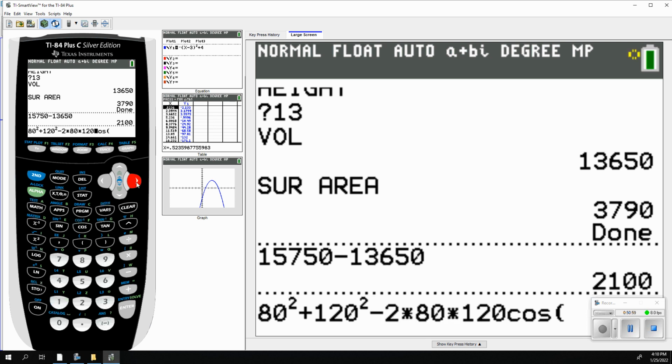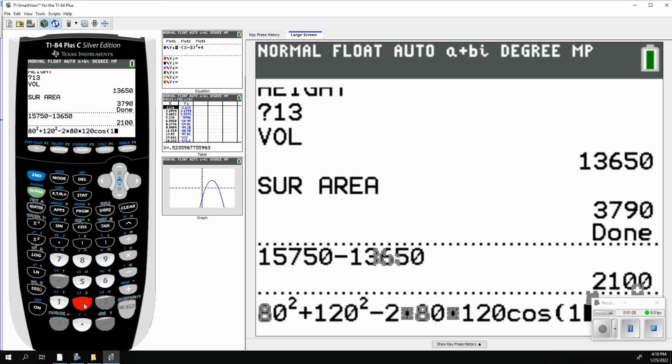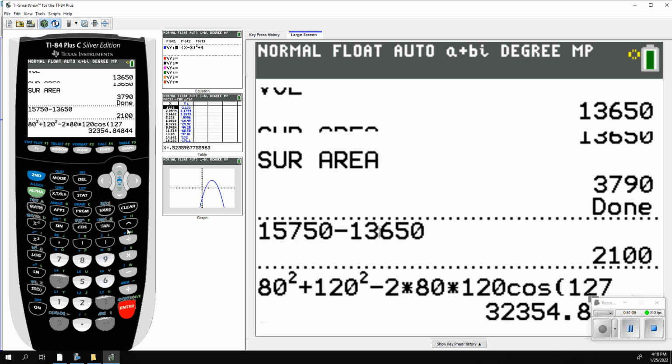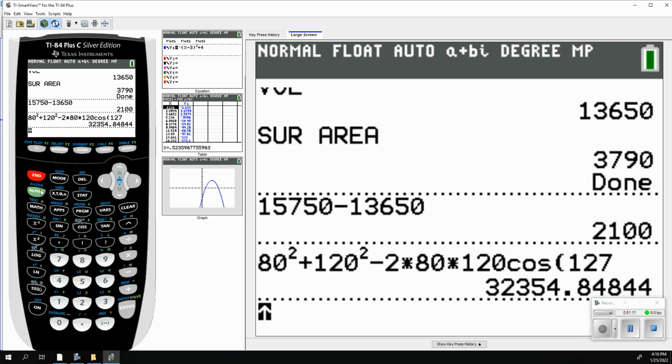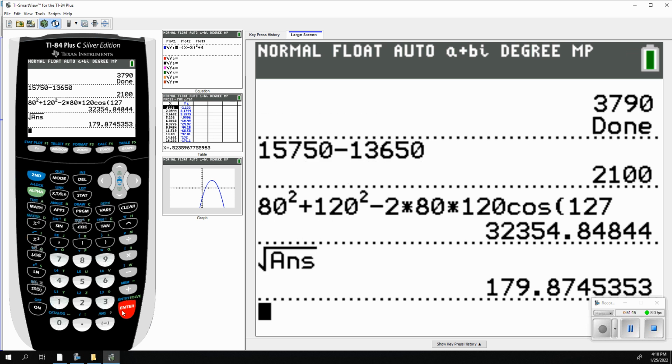Sorry. And we're looking for the cosine of 127 degrees. Now that's x squared. So you just take the square root of the answer to get it. 179.